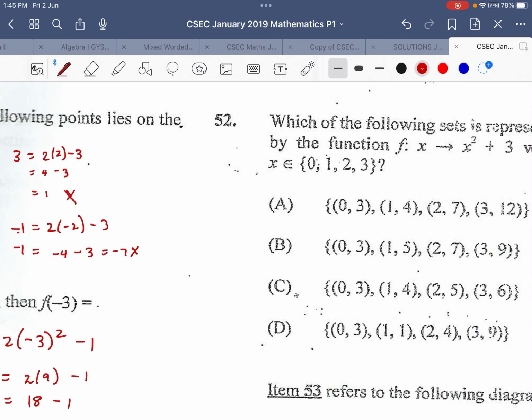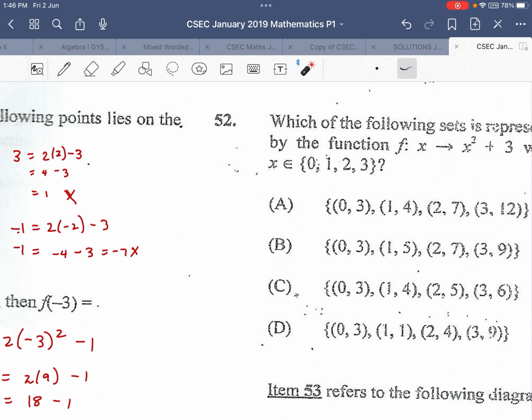Okay, so the x values would be 0, 1, 2, and 3. And we need to see where the y values correspond. So we're not looking at this first one, it's all 4 here. It's all 3 here. So let's look at when x is equal to 1, because we only have 2 occurrences, but we have 3 occurrences of 4. So let's see.